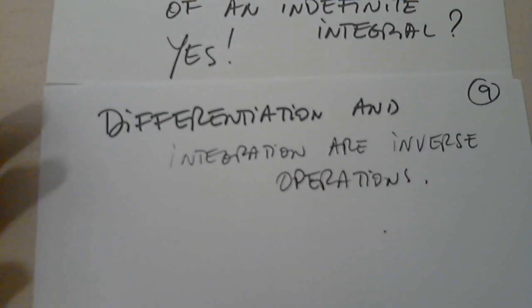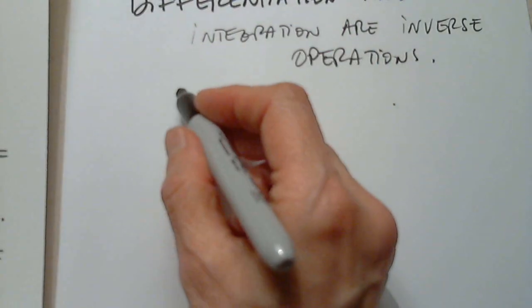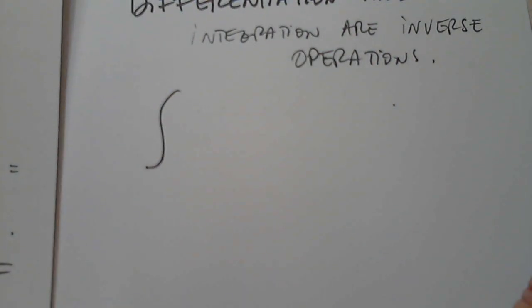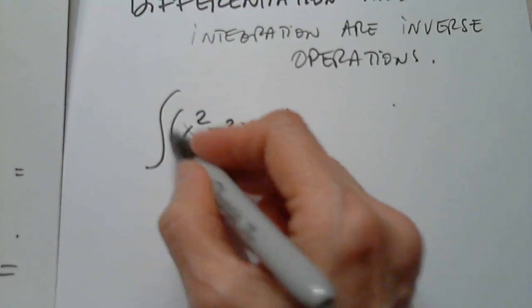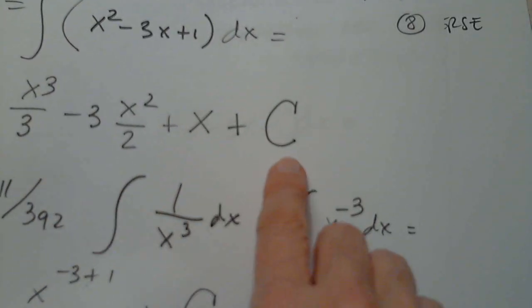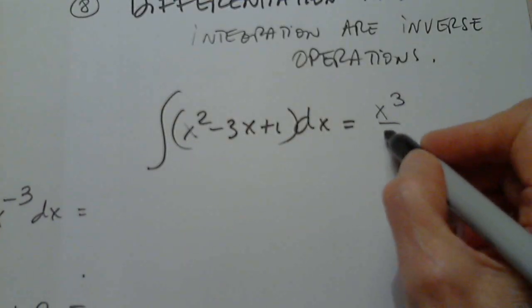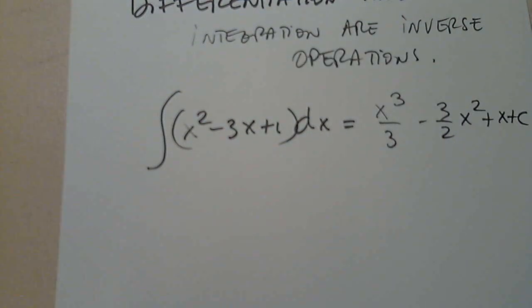So let's go back for a moment to our first example. We said that the indefinite integral of x squared minus 3x plus 1 dx, we found that the answer was x to the third over 3 minus 3/2 x squared plus x plus c.